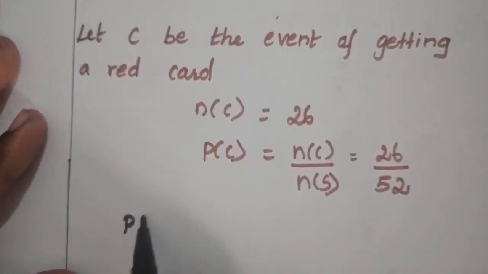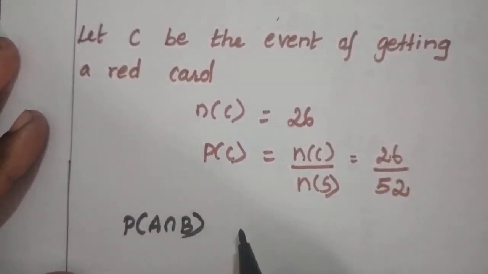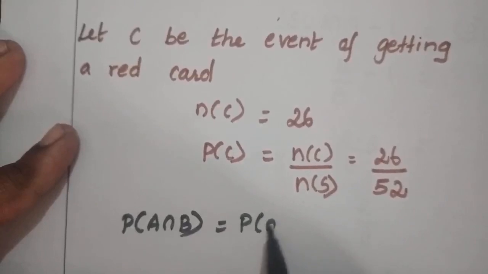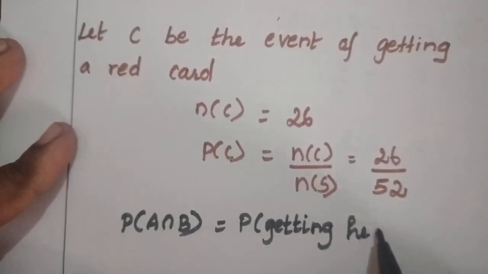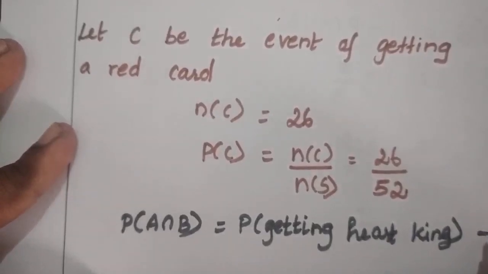P of A intersection B is the probability of getting the heart king.